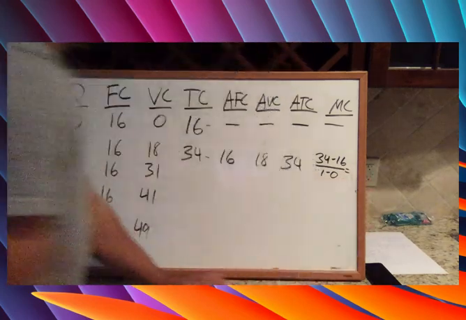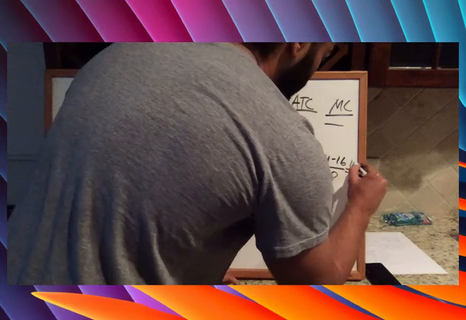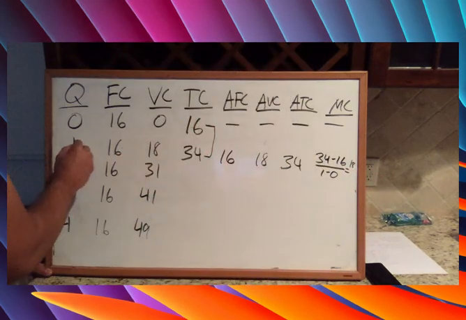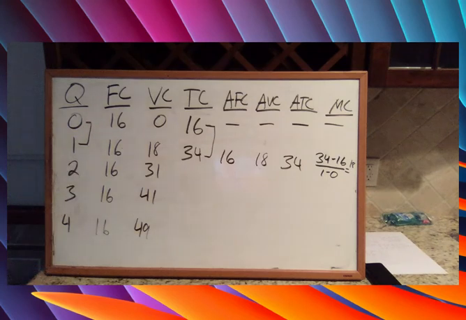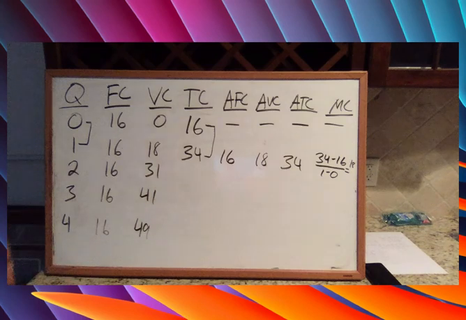And that is going to give you 18. So it's always going to be the difference between your two costs divided by the difference between your two quantities. Again, this will always hold true through every single row that we complete.